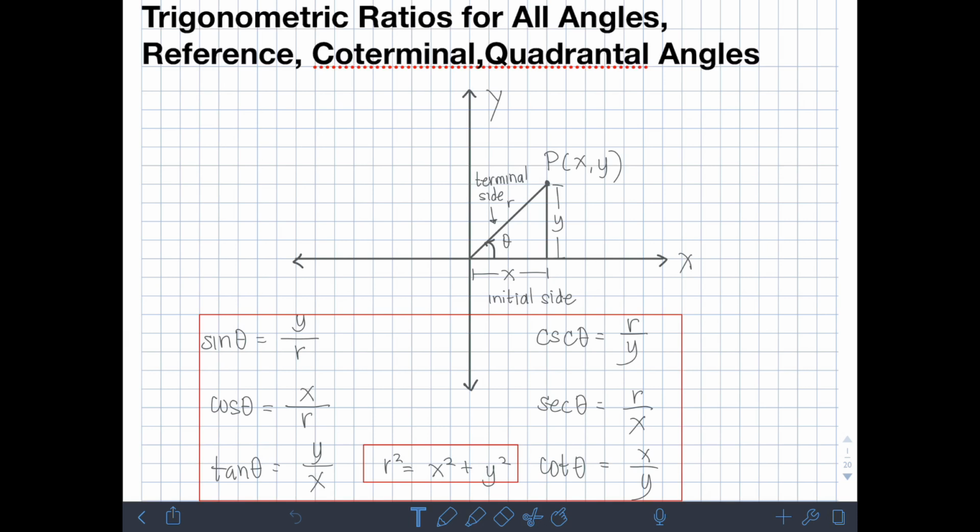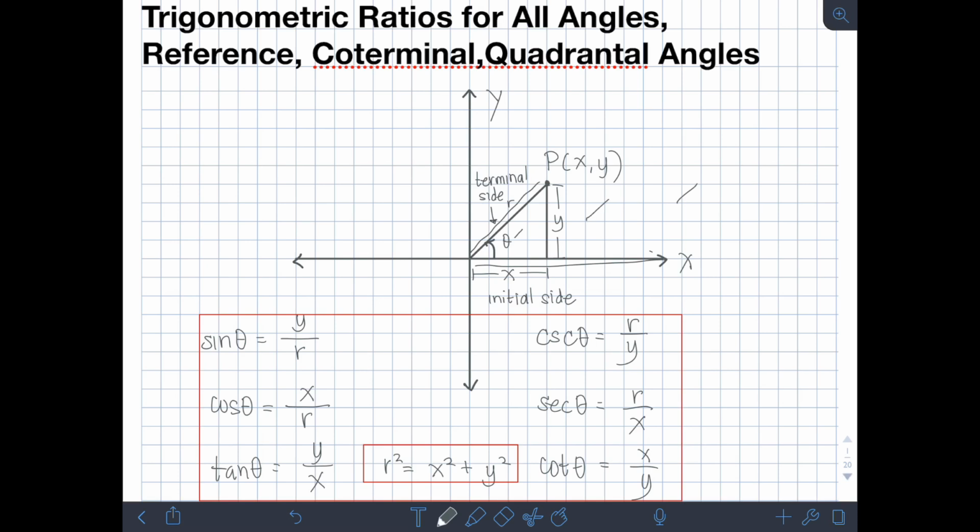So, pwede nating ilagay yung isang angle sa rectangular coordinate system in this form. So, let's say, meron tayong angle theta, tapos, meron siyang initial side na nakalagay dito sa positive x-axis, and then yung terminal side niya, which is this, ay meron tayong pwedeng malagay na corresponding point, which is represented by P, which has the coordinate x, y.